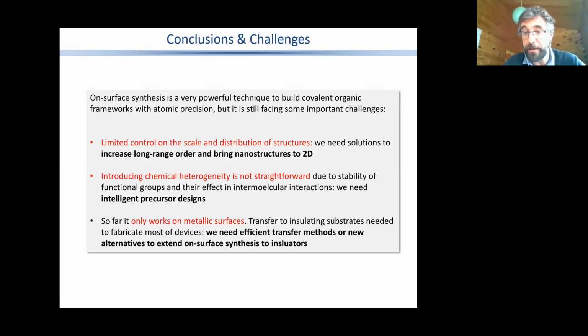So we need really efficient transfer methods, or alternatively, ideally, we need to be able to grow on the insulator, or to manage to remove the metal in vacuum in a controlled way and place the nanomaterial on the insulator. And that's a challenge also. So that would be 3 important challenges in this field. And that's it.